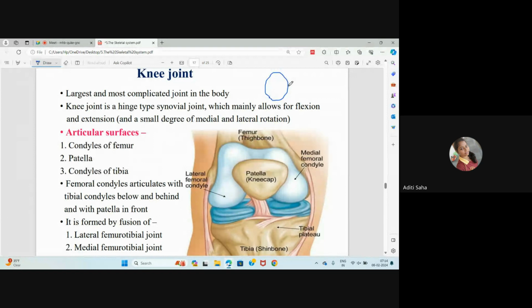What I'm trying to tell you is that let's assume this is our body, a human body. It's very difficult to draw here.